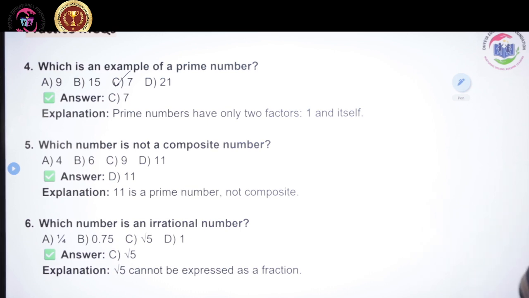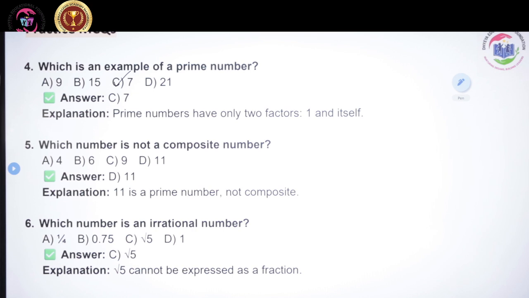Which number is not a composite number? As we know, a composite number is exactly the opposite of a prime number. Not a composite number means we have to find a prime number.